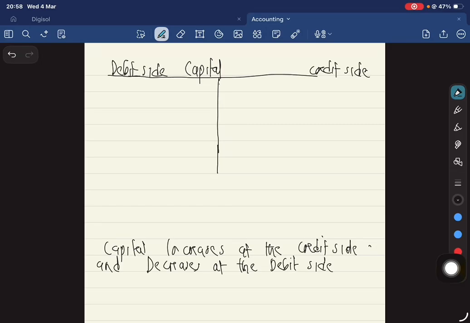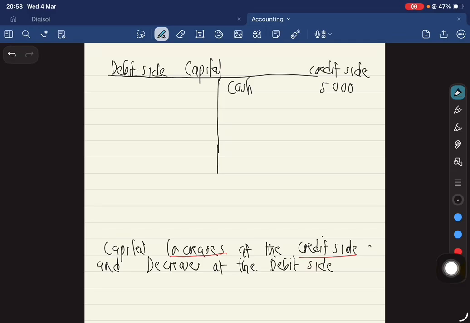So the capital has increased from 0 to 5,000, and per the accounting rules, when capital increases, we credit it. So we write it here, increased by 5,000 in the name of cash.